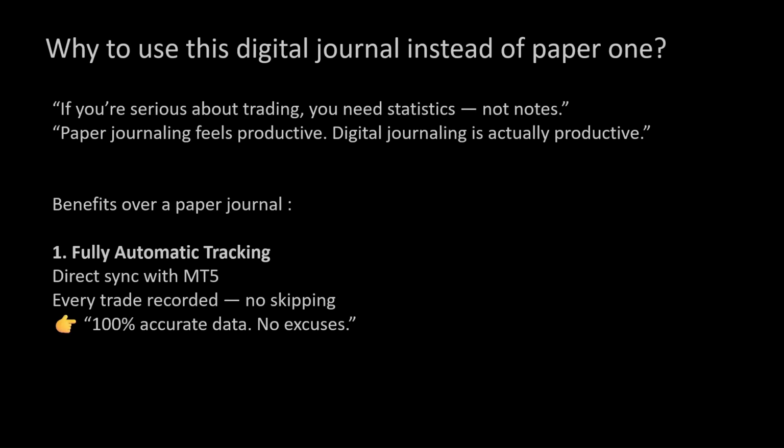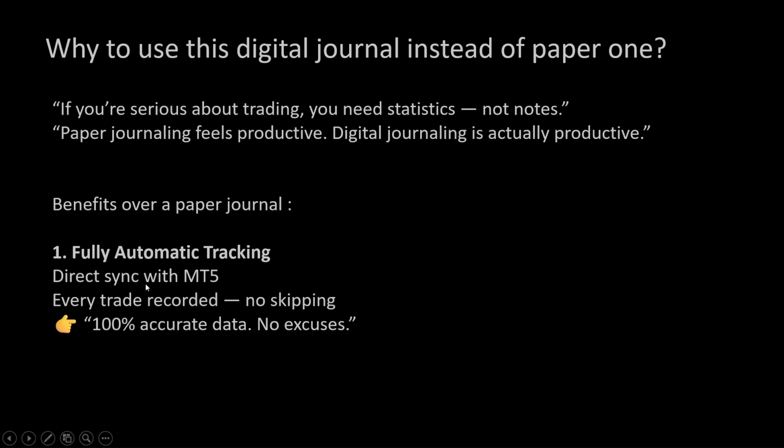And why use this digital journal instead of a paper one? If you are serious about trading, you need statistics, not notes. Paper journaling feels productive, digital journaling gives you data to analyze, so that's why it's better than the paper journal. First, the benefit is fully automated tracking.